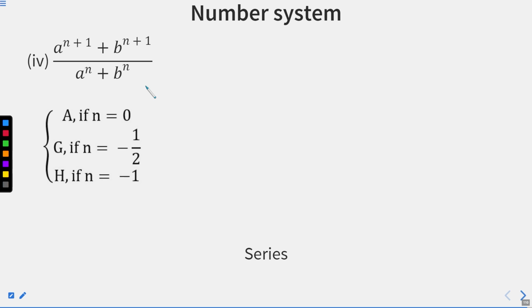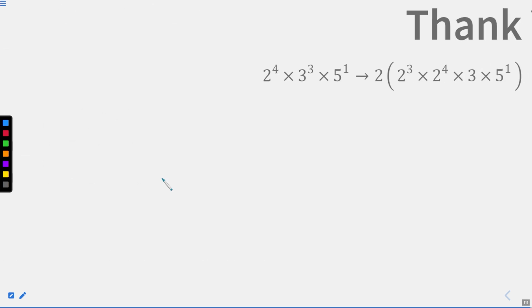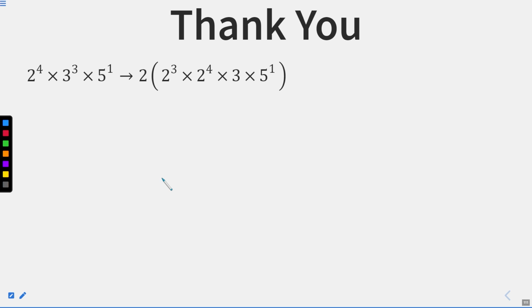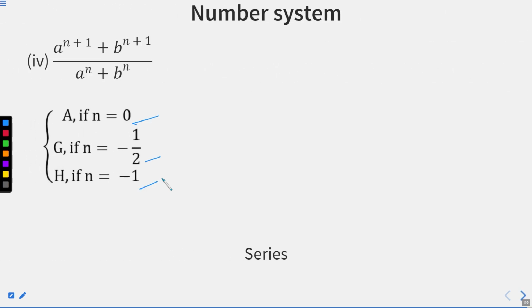Here a and b are the same numbers we started with. This fraction is equal to A if n is 0, equal to G if n is minus 1 by 2, and equal to H if n is minus 1. You have to just memorize this result, and whenever we have an example related to this, we will see.